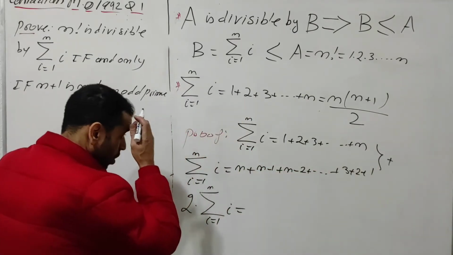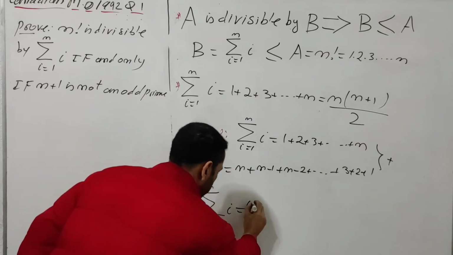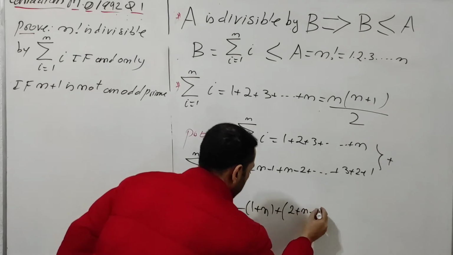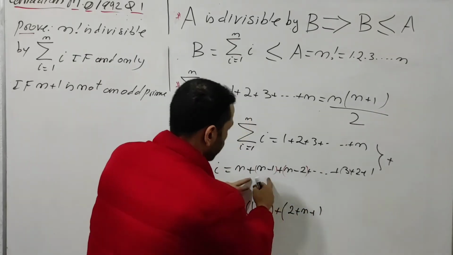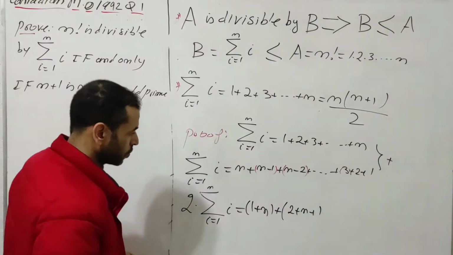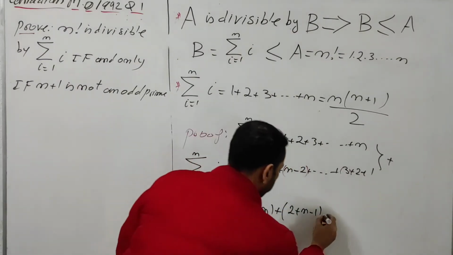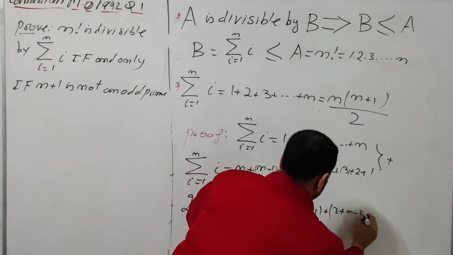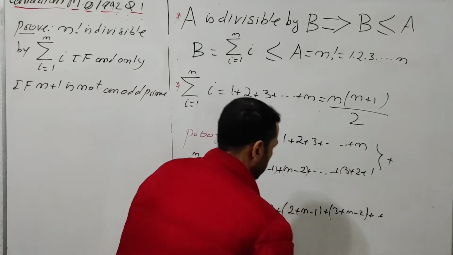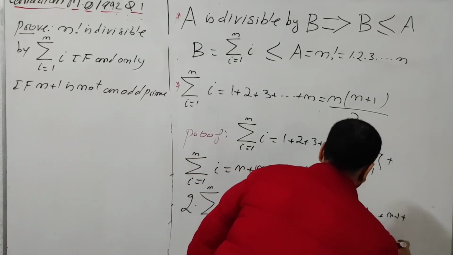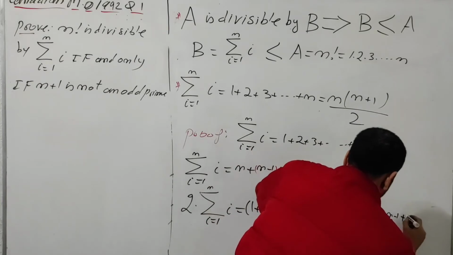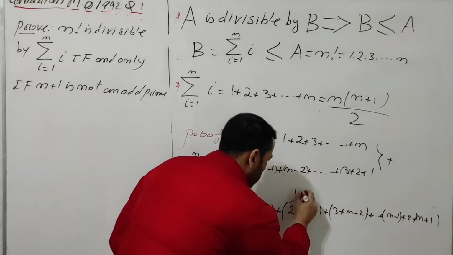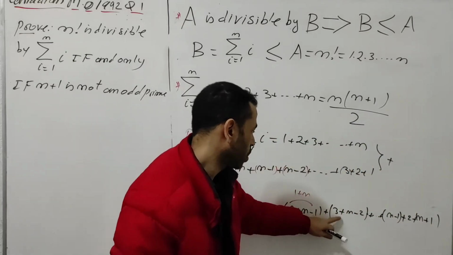So now I'm writing 1 plus n. For the second term, 2 plus n minus 1. I'm separating all the terms individually. For the third term, 3 plus n minus 2, and all the way down to n minus 1 plus 2, plus the last term, n plus 1. I get 1 plus n here; 3 minus 2 equals 1, so 1 plus n.